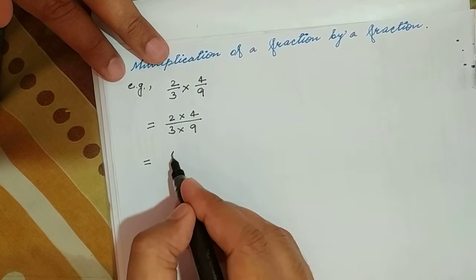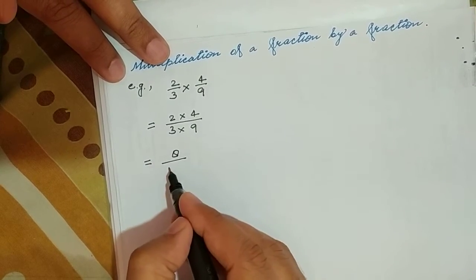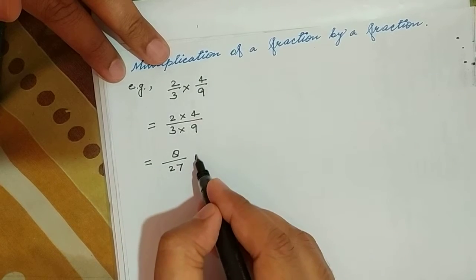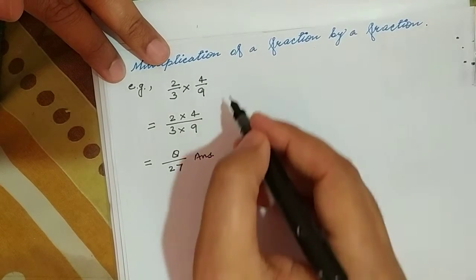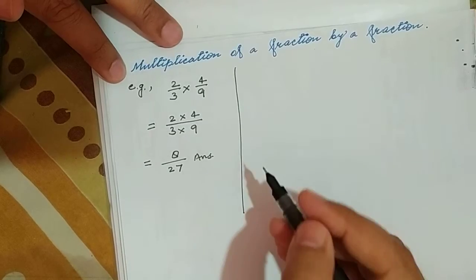That will get 8 and 9 is the 27 is the answer. This is the proper fraction. That's we can't change in the mixed number.